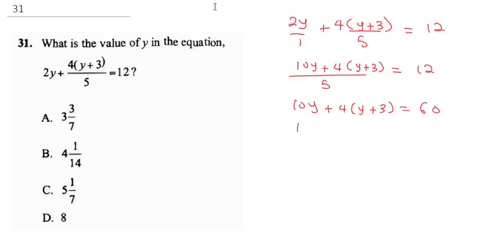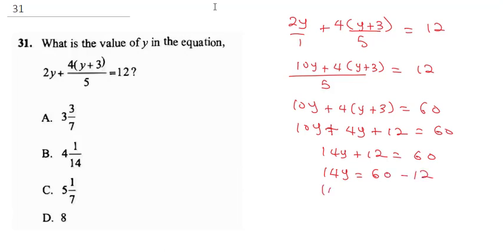So here we can open the bracket. This will be plus 4 times y, which gives us 4y, and 4 times 3, which gives us 12, and this is 60. So this is going to be 10y plus 4y, which gives us 14y, plus 12, equal to 60. Now from here, collecting like terms, 14y will be 60 minus 12, which will be 48.